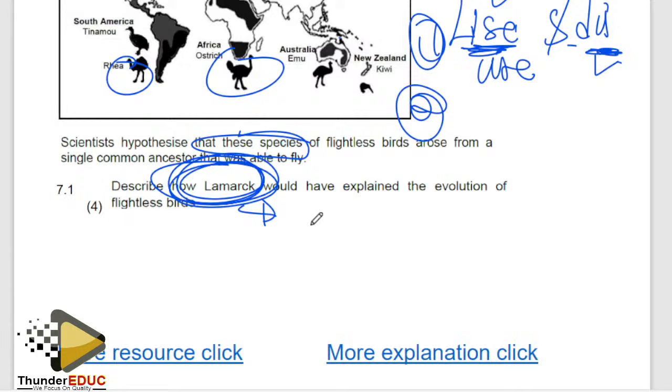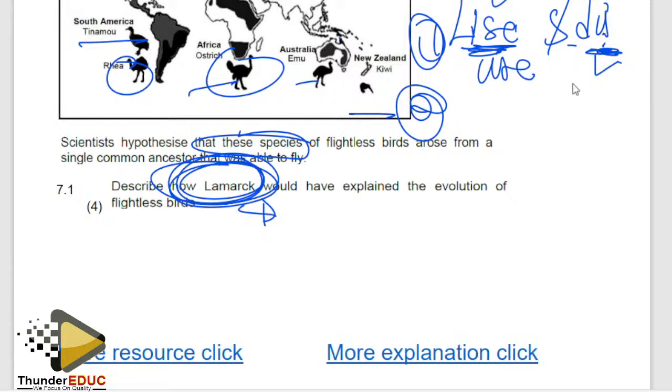They passed this character, not allele, because this one doesn't talk about alleles. Which character? Of not being able to fly, to the next generation. Then leading to these birds which are not able to fly. So that's how you're supposed to explain this. In this case, they are bringing about disuse.